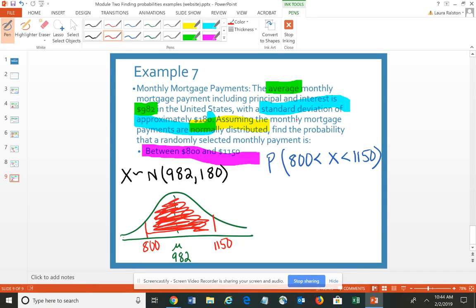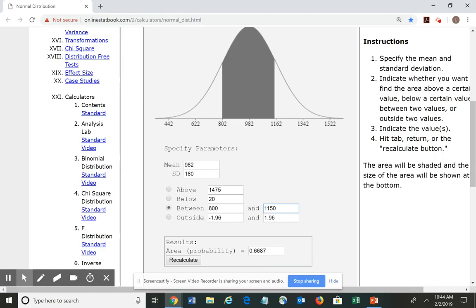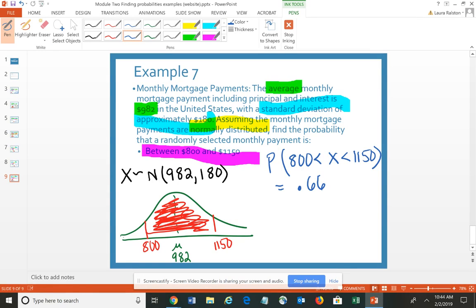So the probability that our mortgage payment is between 800 and 1150 is 0.6687, or we have about a 66.87% chance that our mortgage payment is going to be between $800 and $1,150.